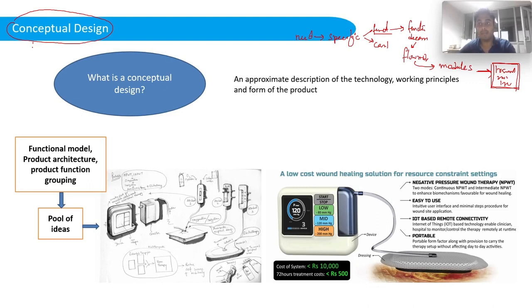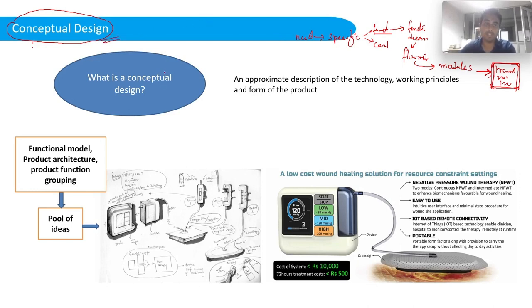However, in reality we need to convert these to a conceptual design, where we bring the initial modules, the idea of breaking functions into modules or chunks, and we want to realize them in some sort of physical form or reality. So for that we use the technique of conceptual design.